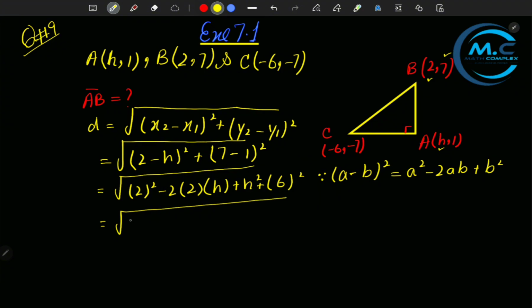The square of 2 will be equal to 4, and 2 2's are 4. This will become 4h plus h square, and the square of 6 will be equal to 36.